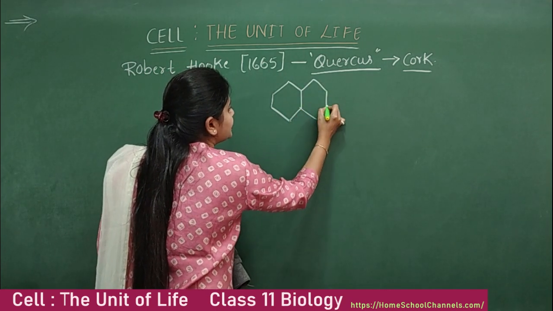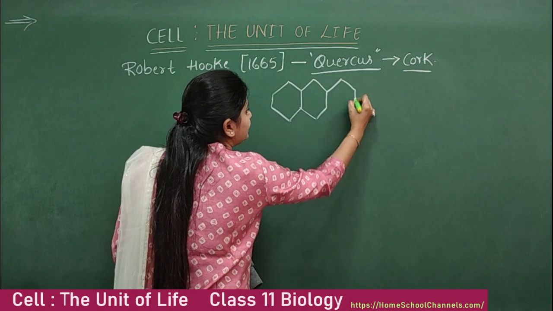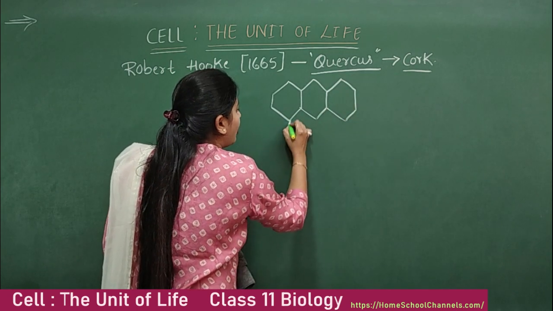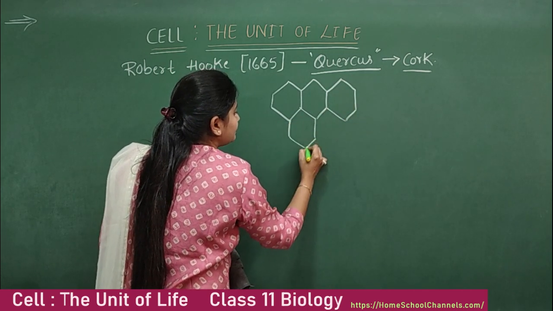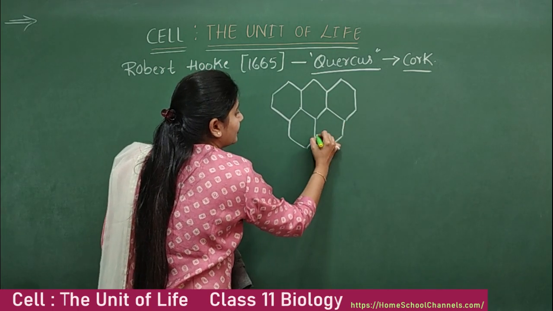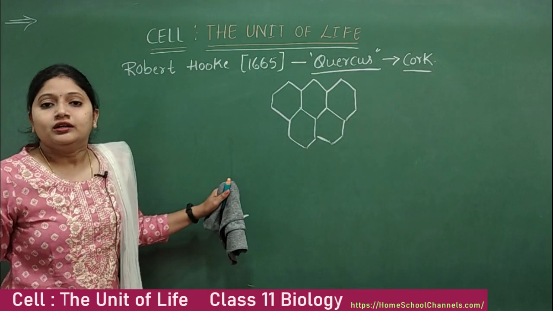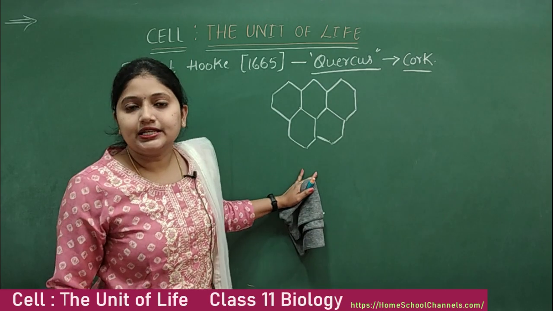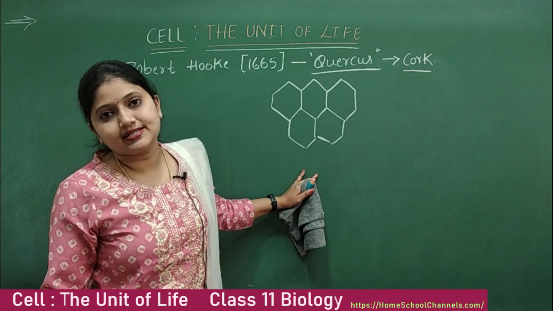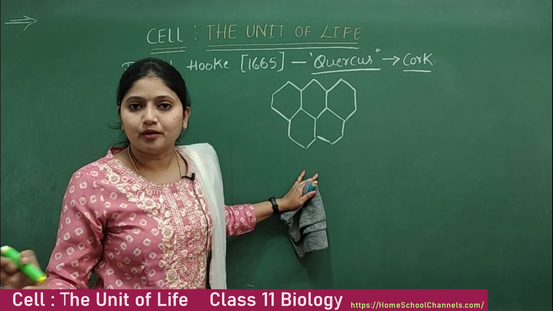So this was the first diagram which Robert Hooke could see. Right? So if they ask in the examination who discovered cells, then it is directly Robert Hooke.